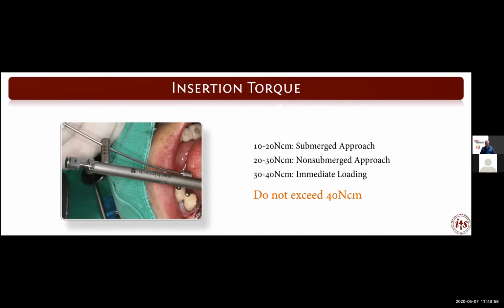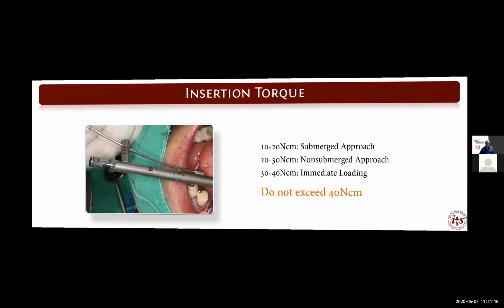If I'm up around 20 to 30 Newton centimeters, then I'm going to place a healing abutment. And if I'm at 30 to 40, this is enough stability and enough torque for immediate loading. However, do not exceed 40 Newton centimeters.